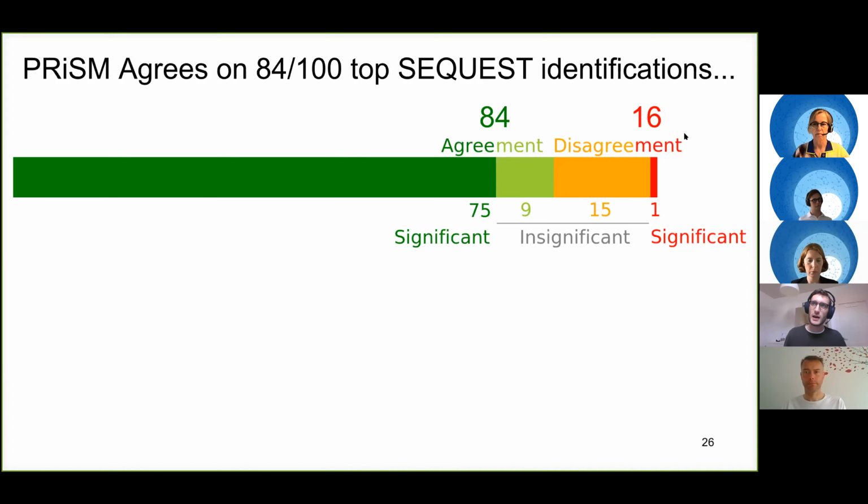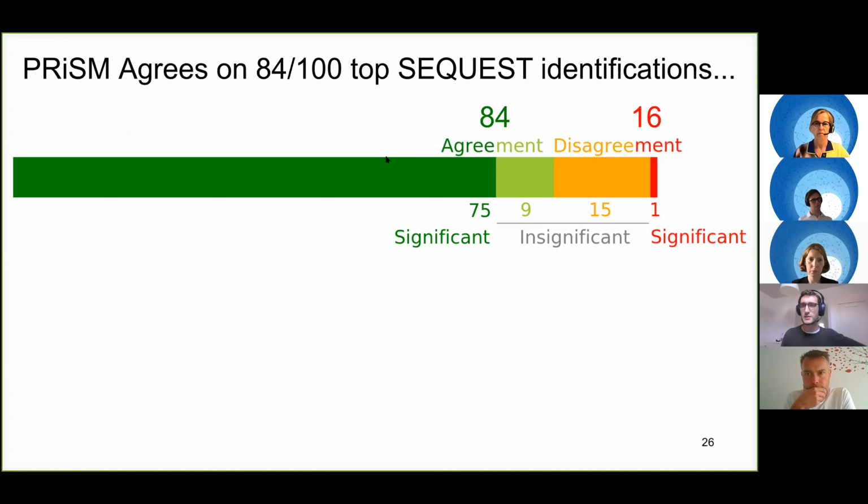But actually, these last 16, we looked at them manually, and we know what's going on there. We know why this is not in agreement, and it's relatively easy to make updates to Prism and fix those as well. So we can get very close to complete agreement with Sequest on those top 100 spectra.